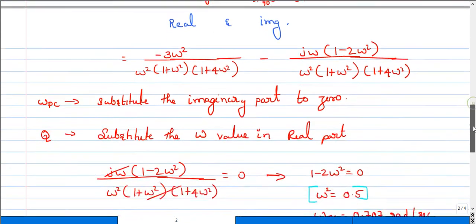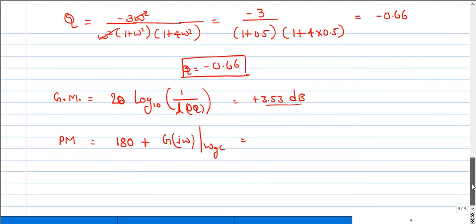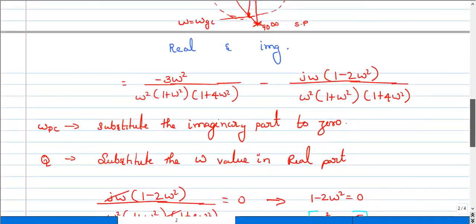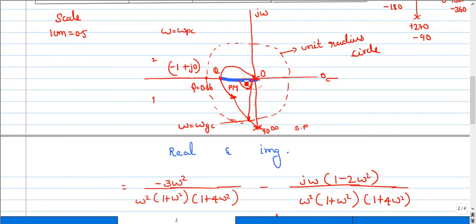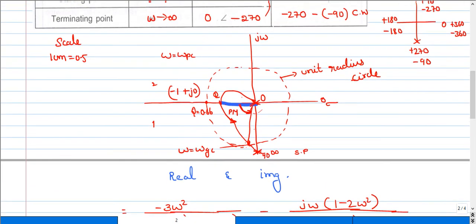In that clockwise direction, it will be negative. If you do it in a graph, the angle will be minus 125 degree. So directly you will get plus 55 degree as the phase margin. Or else you can do the mathematical calculation, or if you use a protractor and measure this particular angle, you will get the same phase margin.